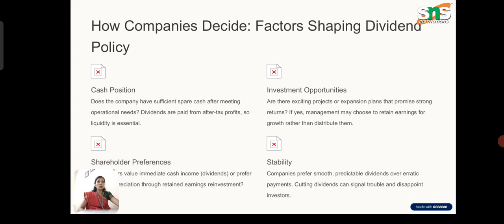Next one is how companies decide: factors shaping dividend policies. There are four main things. First one is cash availability, second is investment opportunities, next is shareholders' preference, and the last one is stability. First, the company has sufficient spare cash after meeting operational needs.